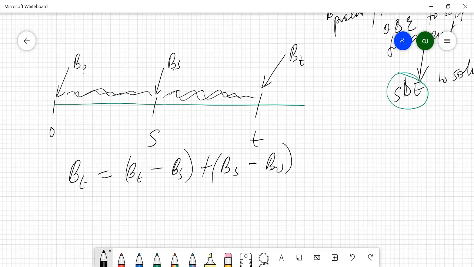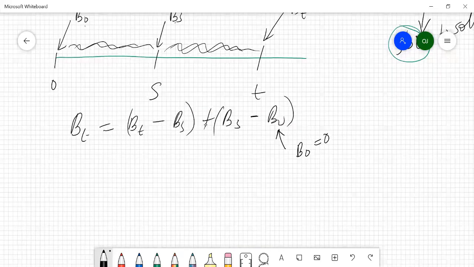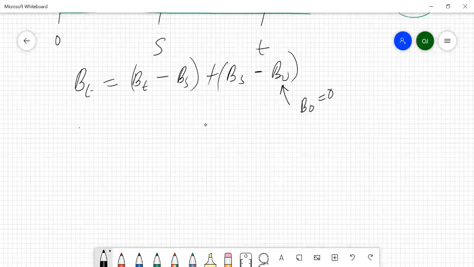But B naught, if you can remember, is 0. We start from 0. So therefore, BT becomes BS plus BT minus BS.